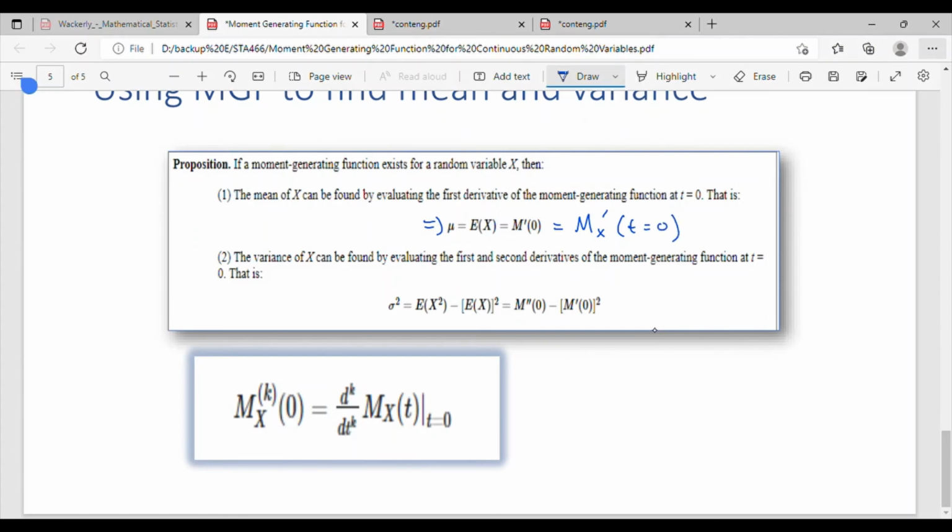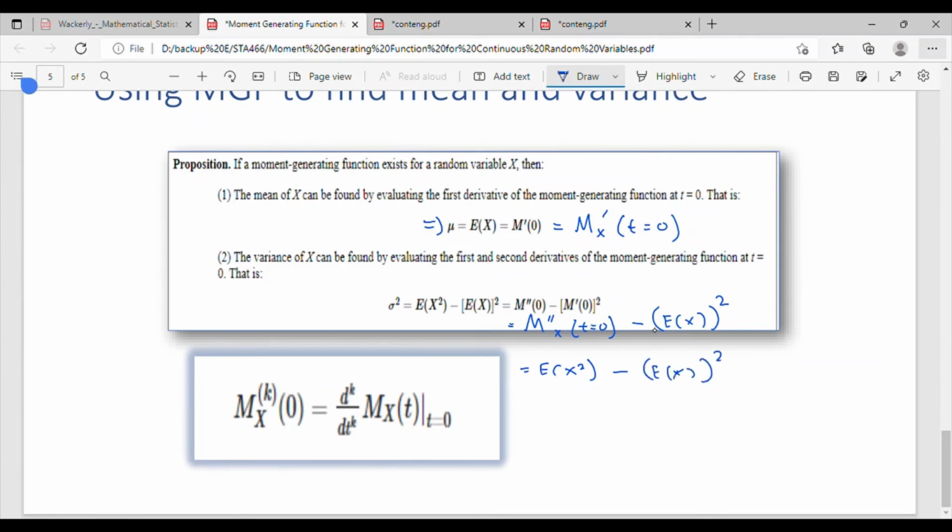Okay, to get the variance, we need the expected value of x squared minus the mean squared. M double prime is when we find the second derivative of the MGF, then replace t with 0, and you get the expected value of x squared. Okay, minus the mean, then square the mean.